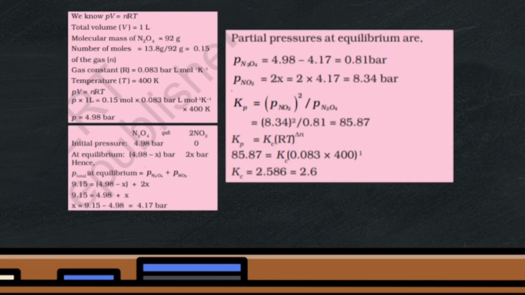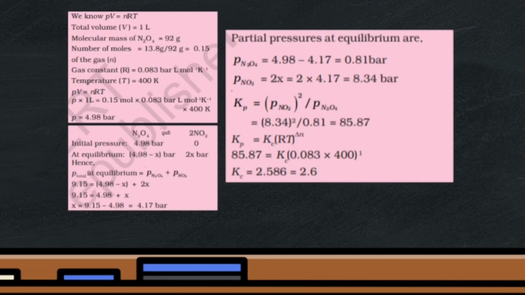So now we will write the equation of equilibrium reaction, that is N2O4 in equilibrium with 2NO2. Here we have found out the pressure, that is initial pressure, as 4.98 bar. So at initial conditions, N2O4's pressure will be 4.98, and since NO2 is the product, initially the pressure will be 0.